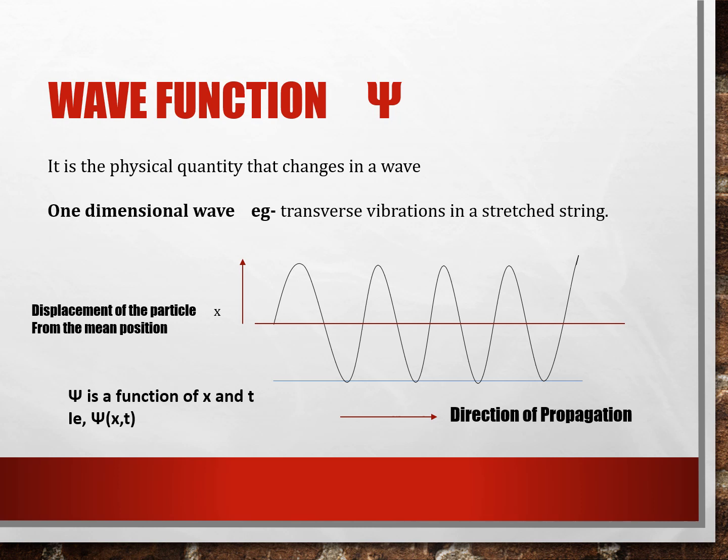Here, the physical quantity that is varying with time is actually the height of the string from the mean position. So we can say that the wave function psi in the case of a one-dimensional wave is a function of position coordinate x and time t.